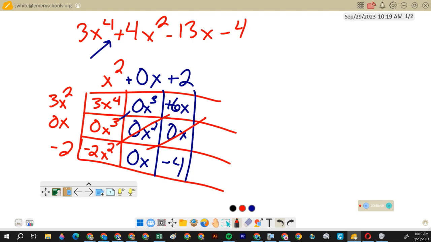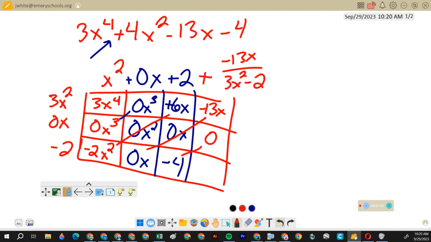These need to add up to be negative 13. So I need a negative 13x. And those need to add up to be minus 4, which it already is. So it's a 0. So how do I deal with that remainder? Plus negative 13x over 3x squared minus 2.